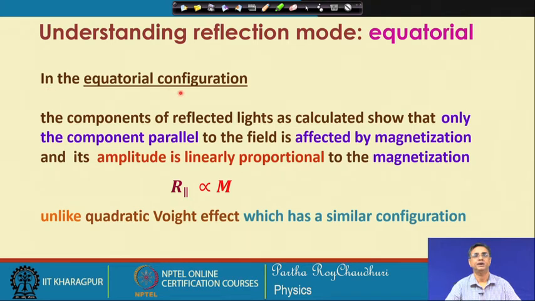In the equatorial configuration, the calculated components of the reflected light show that only the component parallel to the field is affected by magnetization, and the amplitude of the reflected light is linearly proportional to the strength of magnetization.